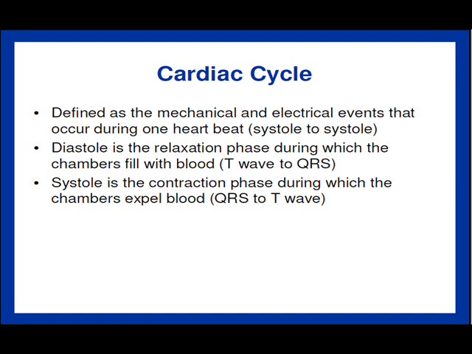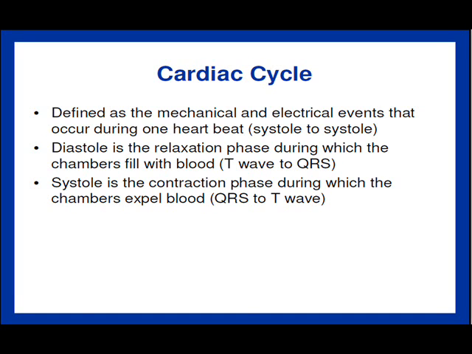Diastole is the relaxation phase of the heart, when we have the blood entering, or if you like, the filling phase of the heart, blood entering the ventricles. Chambers fill with blood, and the systole is the contraction phase. The chambers actually expel the blood.